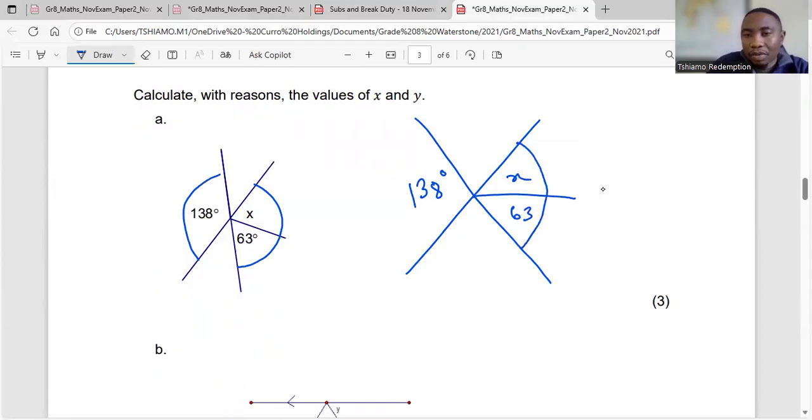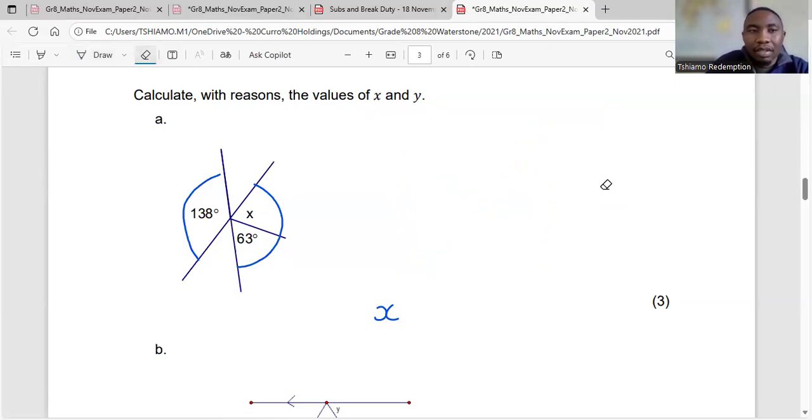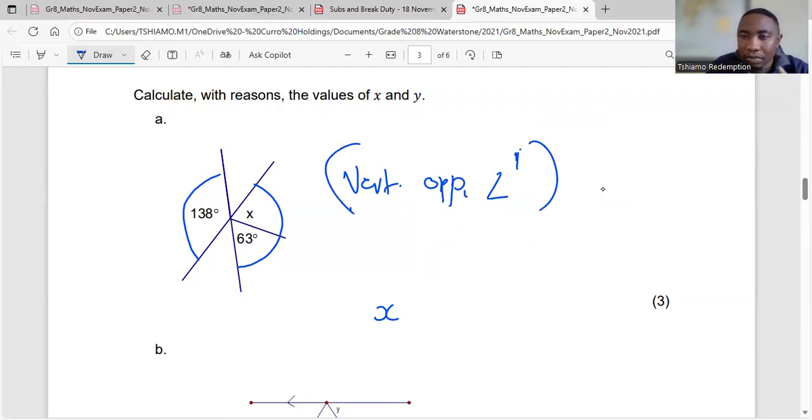The whole angle will be that. So for X, what reason or principle am I using? Vertically opposite angles. Remember, what do you know about vertically opposite angles? They're the same. So vertically opposite angles are equal. I'm using that rule.